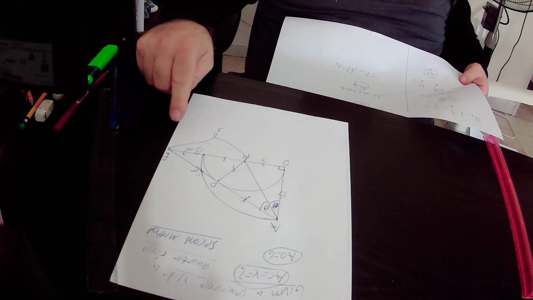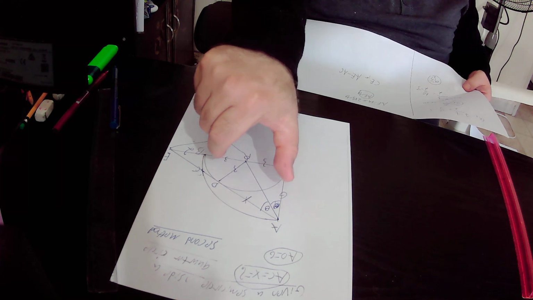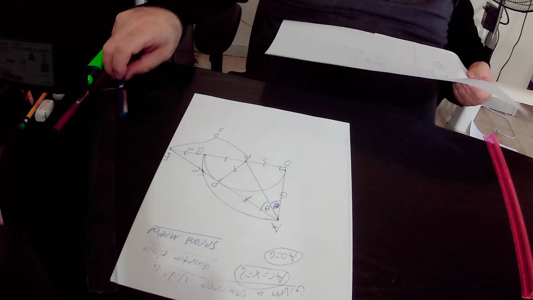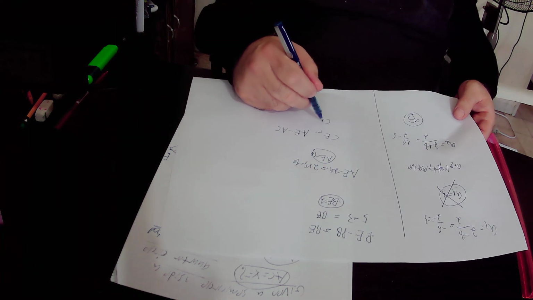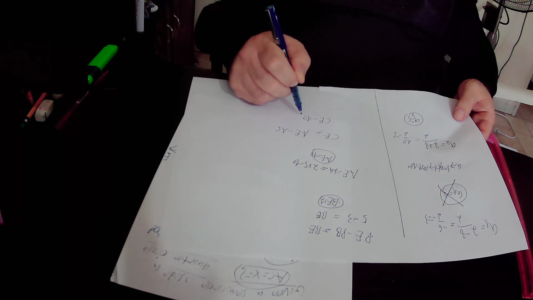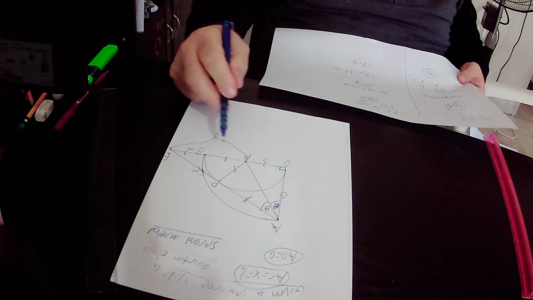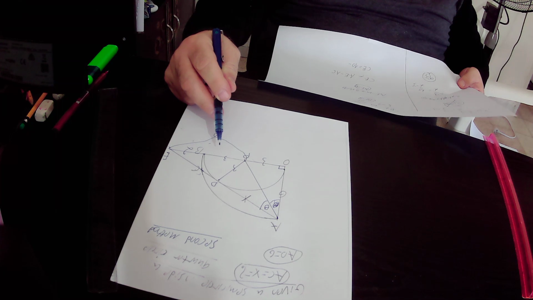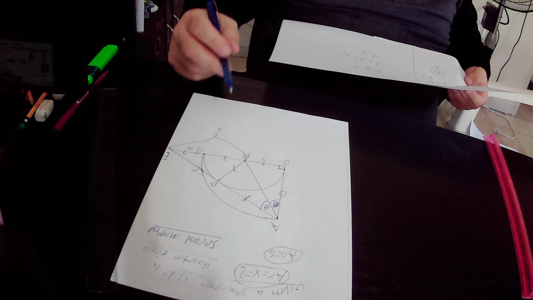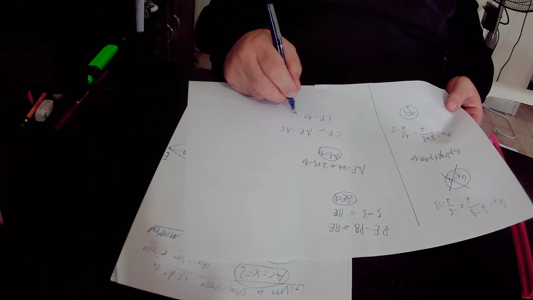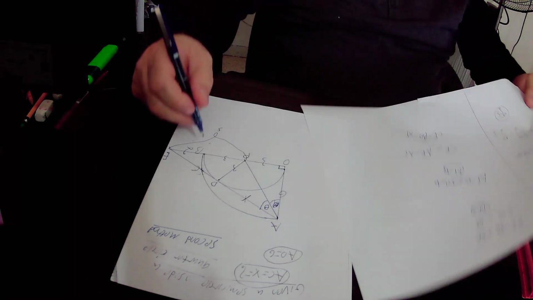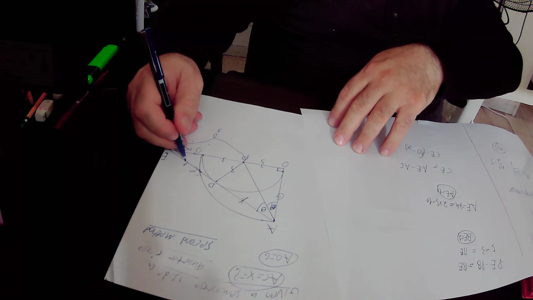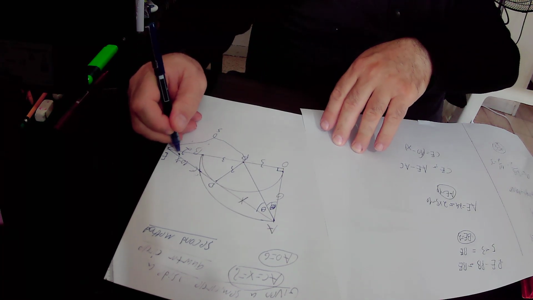So CE equals AE, that is 10 units, minus AC, the line segment that we are looking for, that is X. So in conclusion, we found out that CE equals 10 minus X.